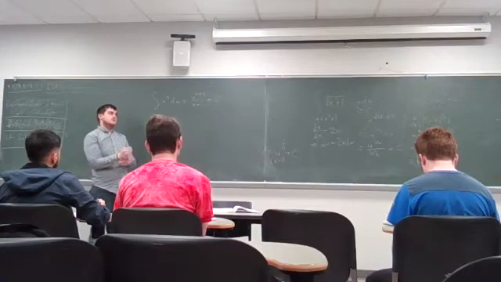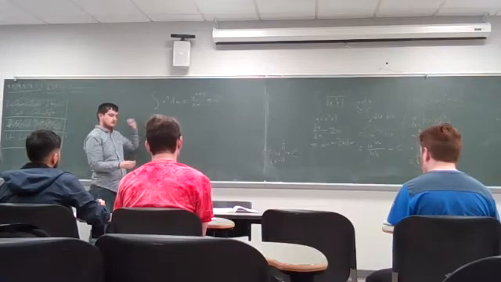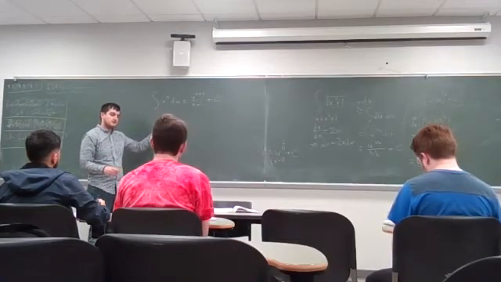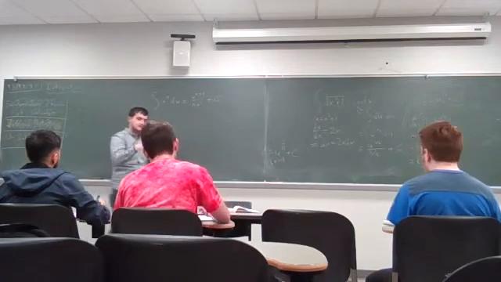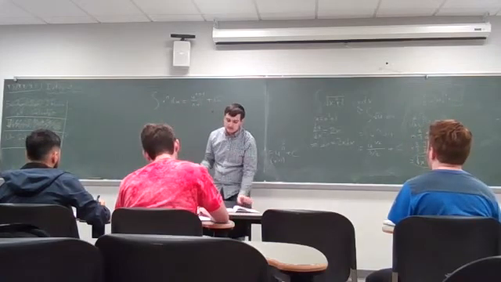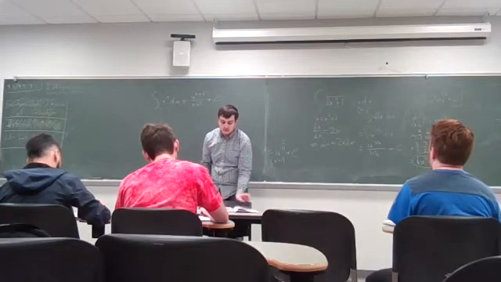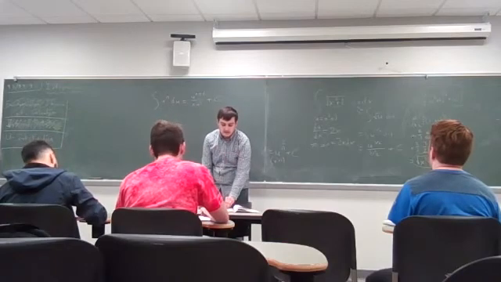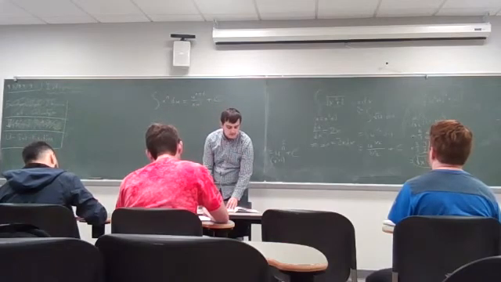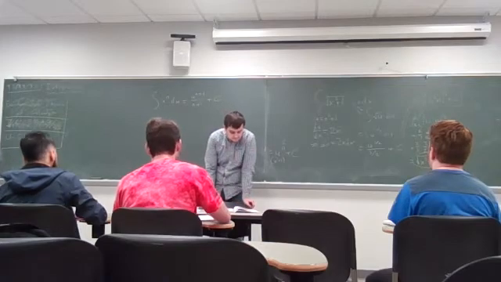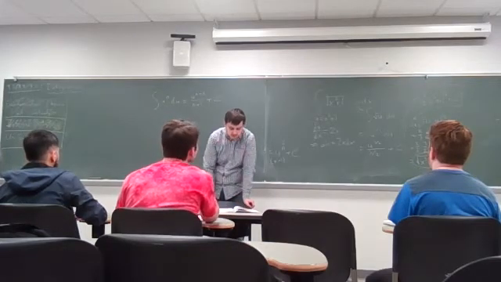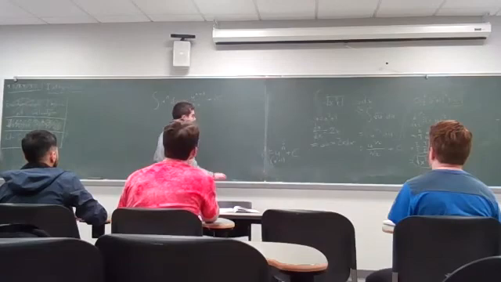Because you're going to need to recognize, okay, maybe I'll call this thing u, and that means that this might turn into du or might get filtered out in some way. So let's go ahead and do a couple of examples.